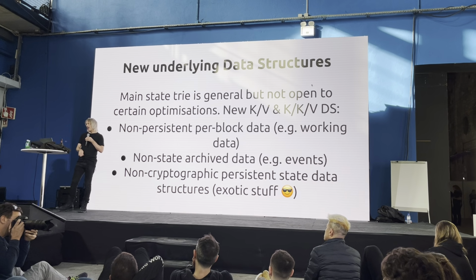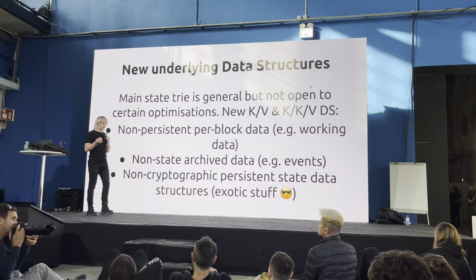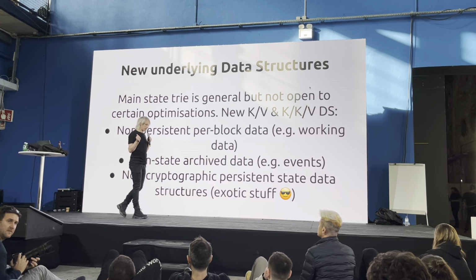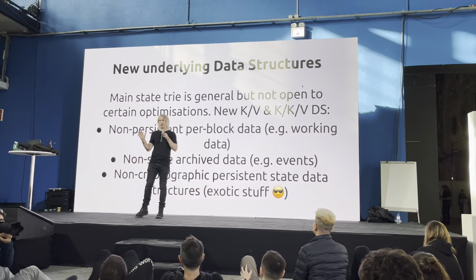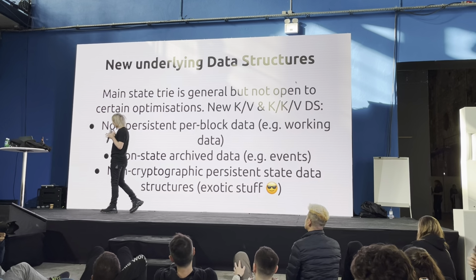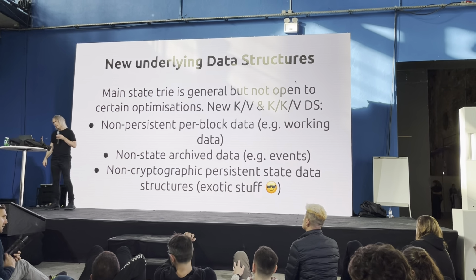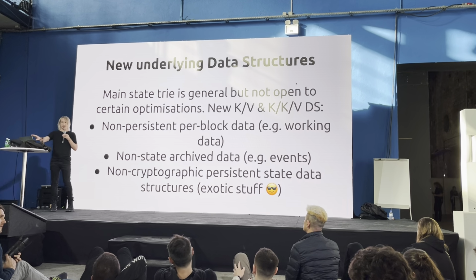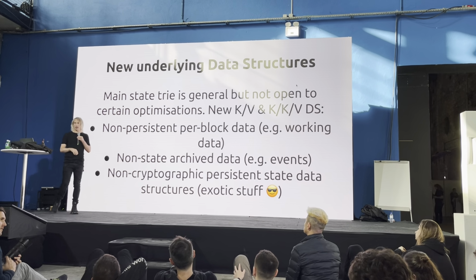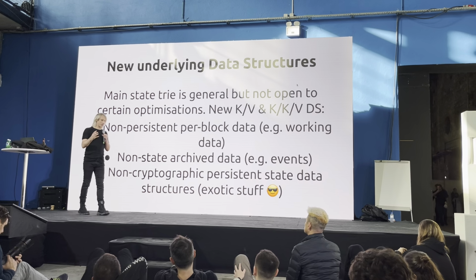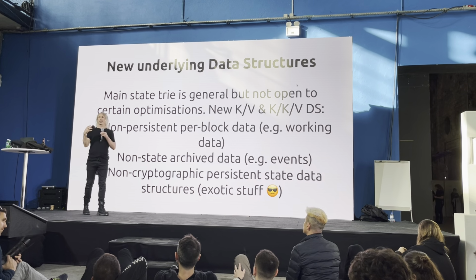And some of the stuff that we want to do in the future would potentially be massive optimizations for Substrate, for parachains, for Polkadot. You just can't do it with this kind of data structure. You need a lot more flexibility.